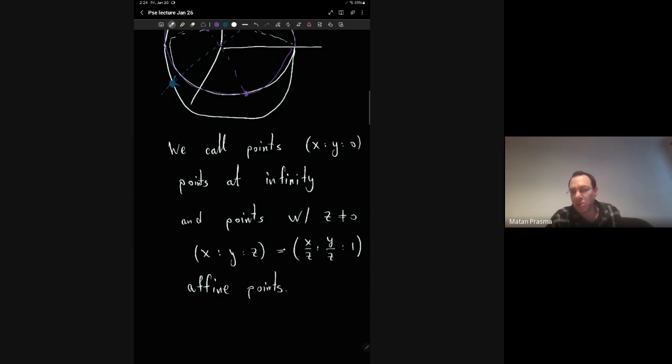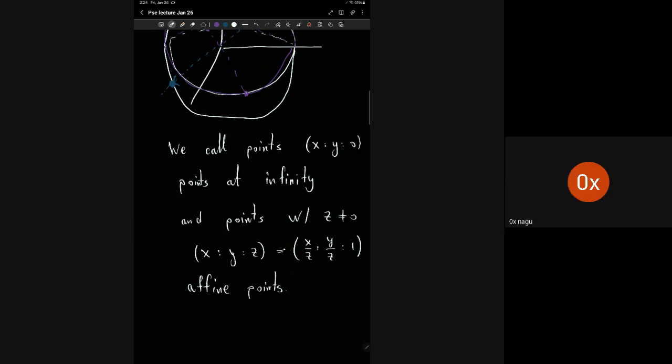A line is a collection of points satisfying some equation. And this collection of points is the equivalence class under the equivalence relation. Yes. Of course, each particular point on the line is what we call a representative of an equivalence class. Right? Is this clear? Yeah. Clear. Okay.